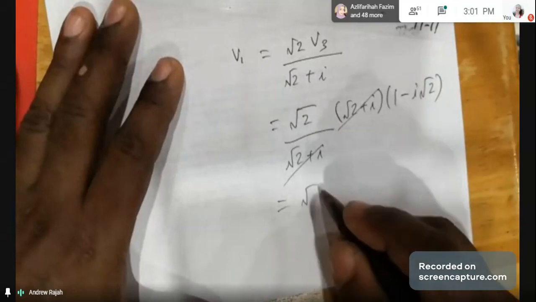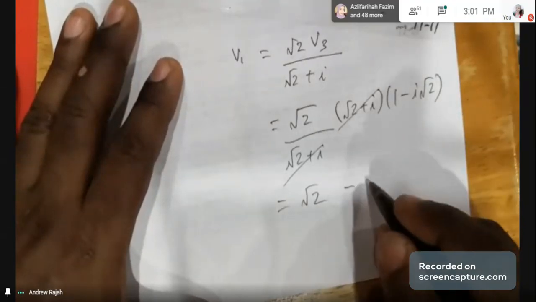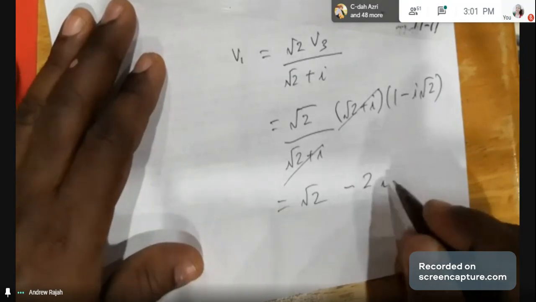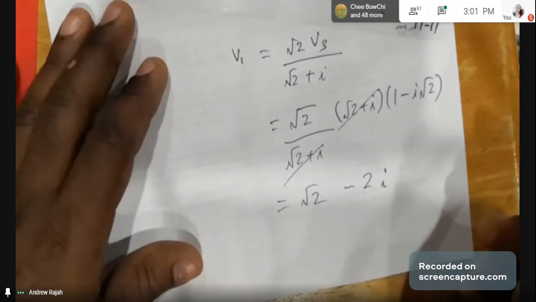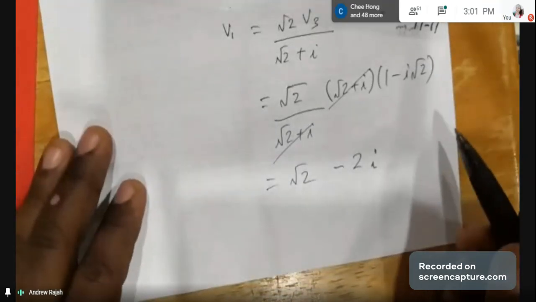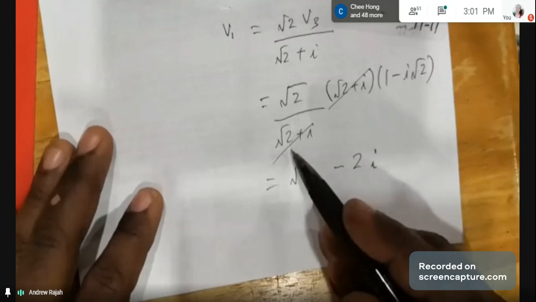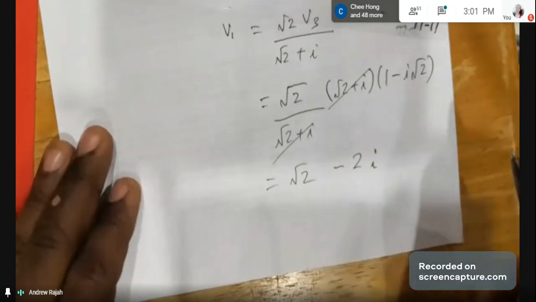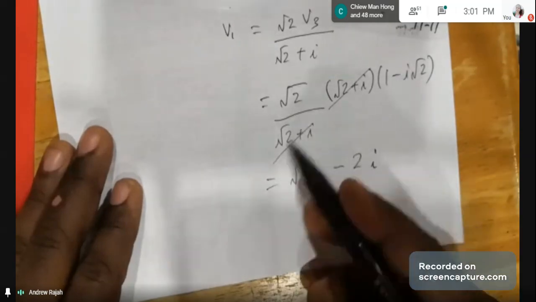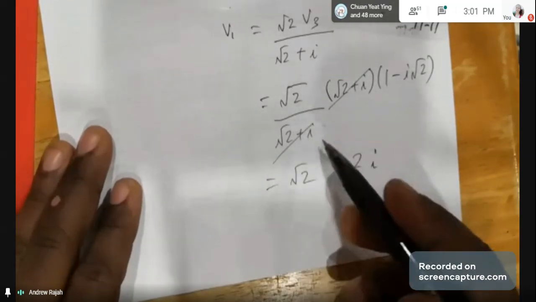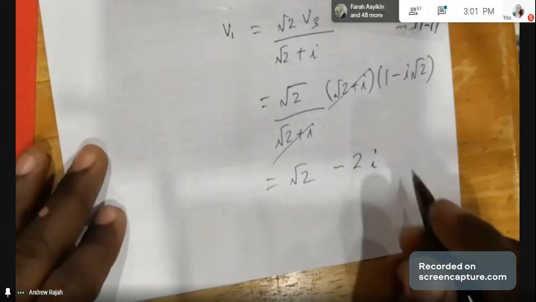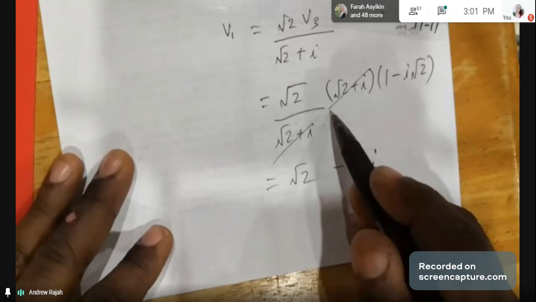So the purpose is to clear the denominator, so that the denominator becomes 1. So that the denominator is not a complex number, which you have to multiply again to remove the complex number from the denominator. That's why you choose V3 like this.